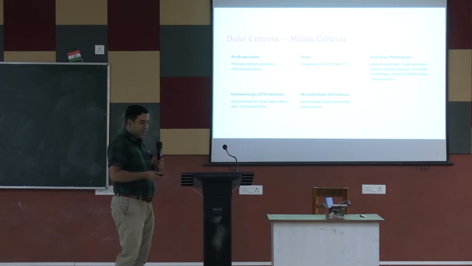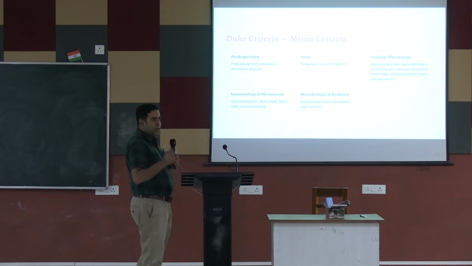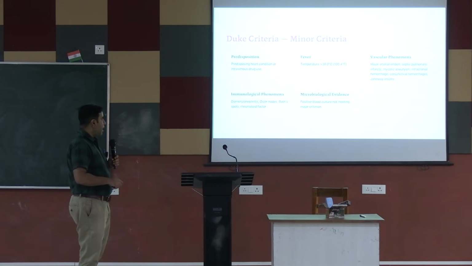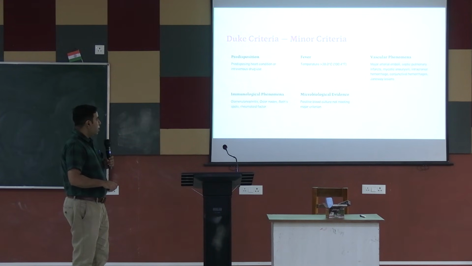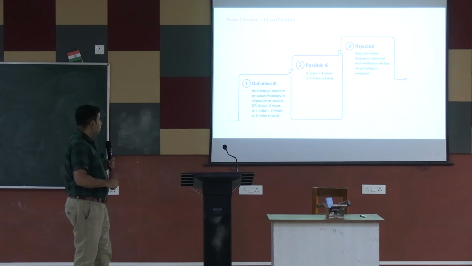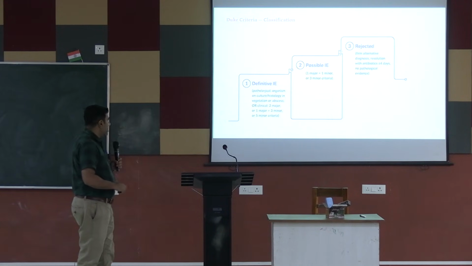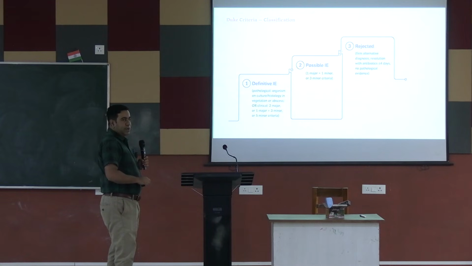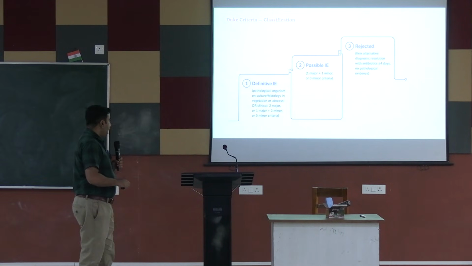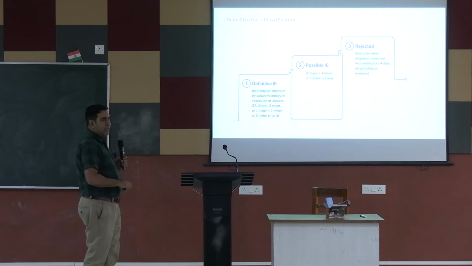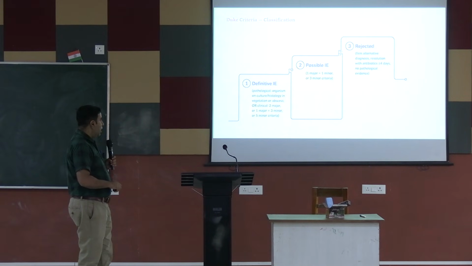What is the major criterion? 3 or more positive blood cultures drawn 12 hours apart is the major criterion, and anything apart from this is a minor criterion. Suppose one positive blood culture not meeting the major criterion. From Duke's classification, we have definitive endocarditis: we get culture positive along with vegetation or abscesses, 2 major, or 1 major plus 3 minor, or all 5 minor.